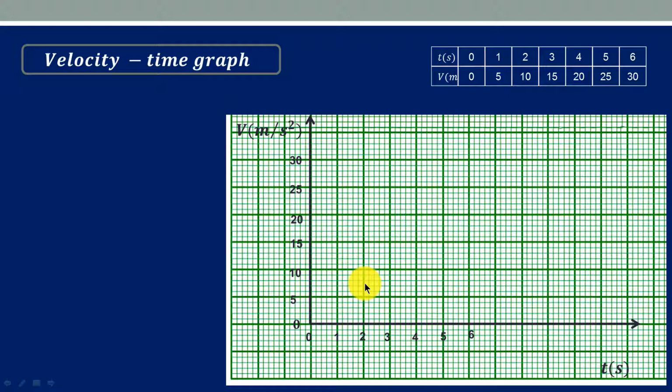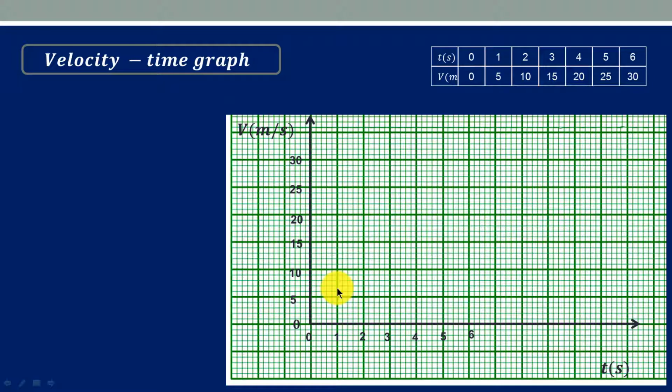Before you go to the plotting of the points, note that every time you draw a graph, you must label the axis with the quantity and the unit. Remember that v is the symbol for velocity. Meters per second is the unit of velocity. Very important. t is the symbol for time and second is the unit of time. So the axis must always be labeled with the physical quantity and its unit.